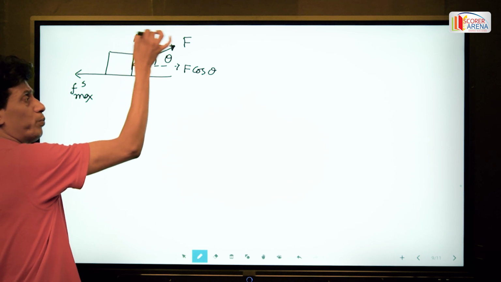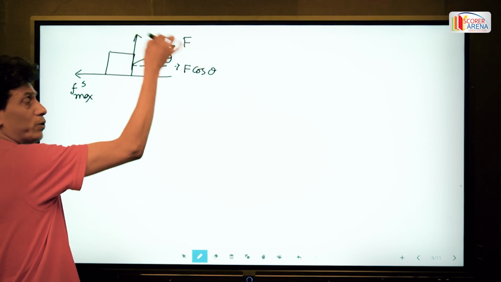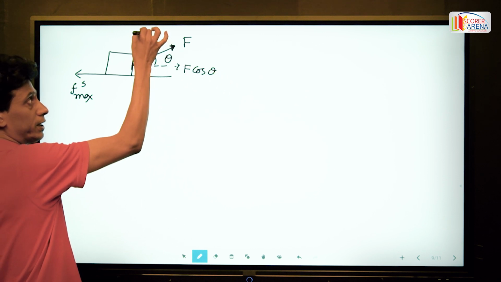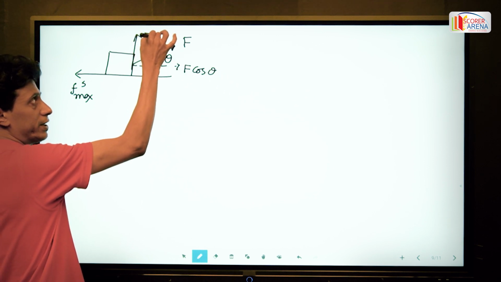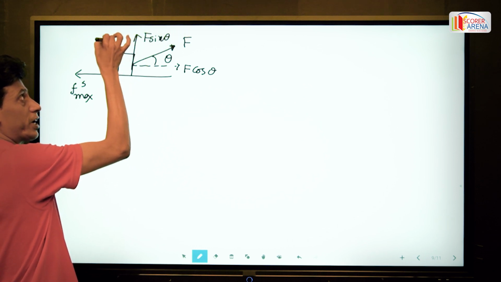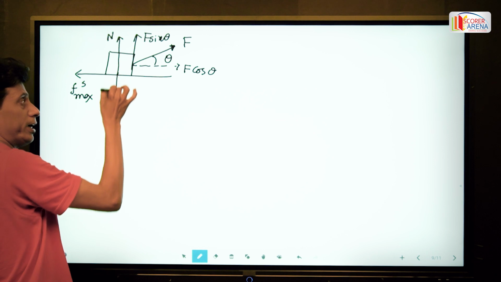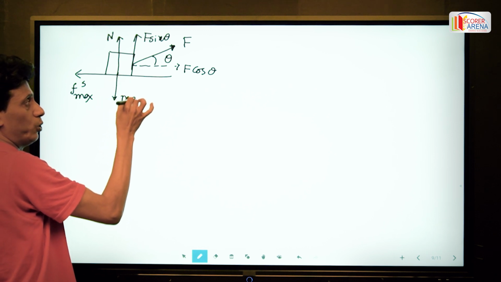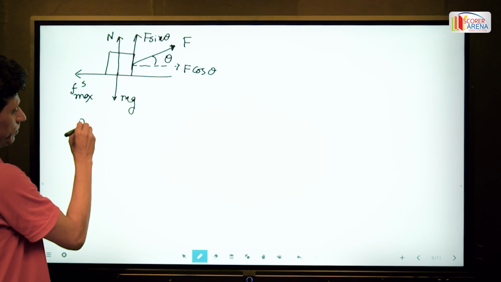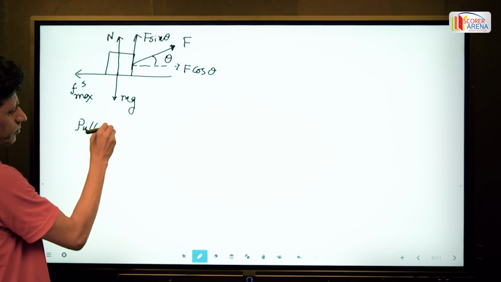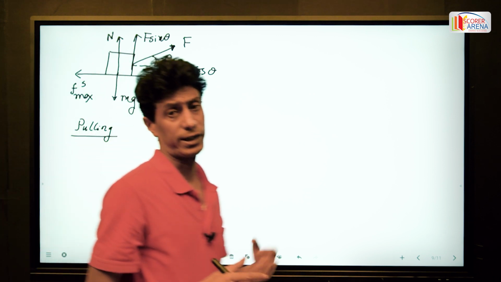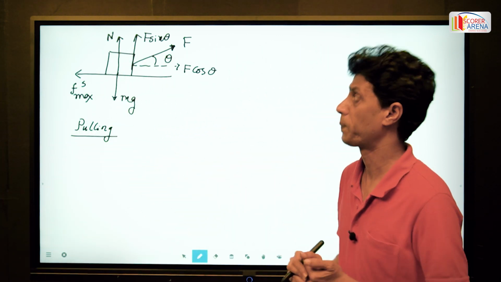F has two perpendicular components: F cos theta, and F sin theta. N is the normal reaction, and mg is the gravitational pull. This is the diagram for the case of pulling.